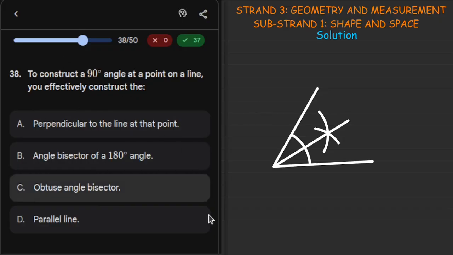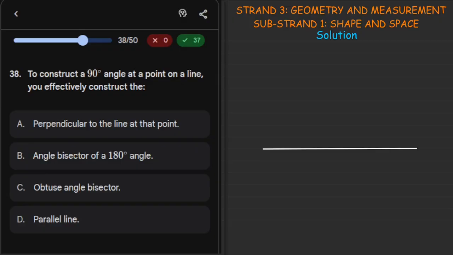Since it is 90 degrees you want to construct, you end up constructing two things. The first one is you construct a perpendicular to the line at that point. When we say perpendicular, a line is said to be a perpendicular of the other if it meets the other at 90 degrees.